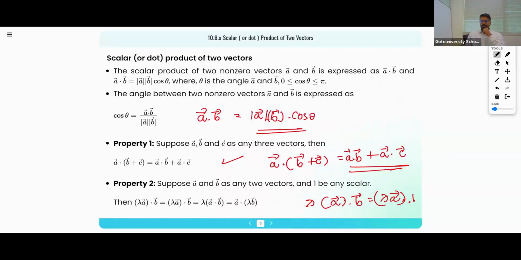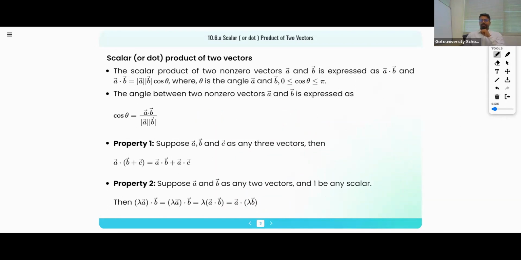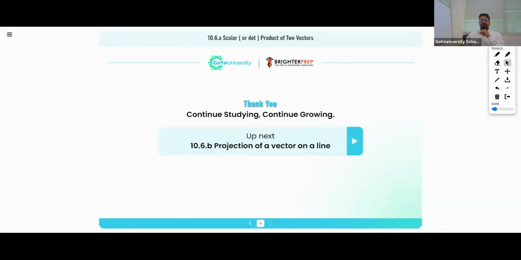So you can multiply lambda to A and then multiply by B, or lambda times A dot B, or A dot lambda B, all are the same. Scalar multiplication with the dot product is associative in nature. Remember this as well. Any questions so far? Any doubts? No. Okay.